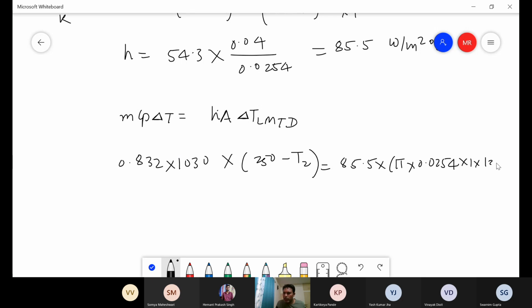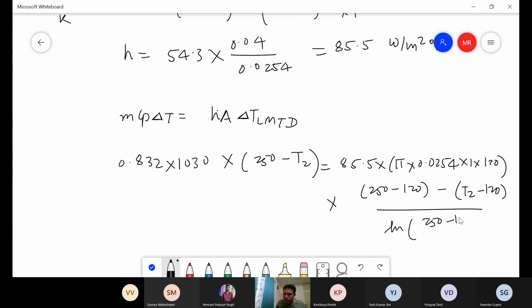So this is 120, multiplied by delta T LMTD. So that becomes 250 minus 120 minus T2 minus 120, divided by ln of 250 minus 120 divided by T2 minus 120, and this entire thing is in the bracket.